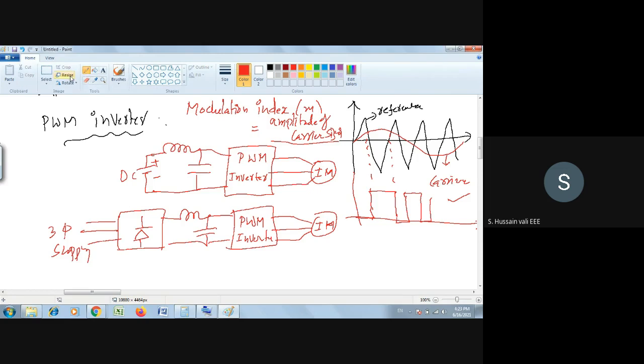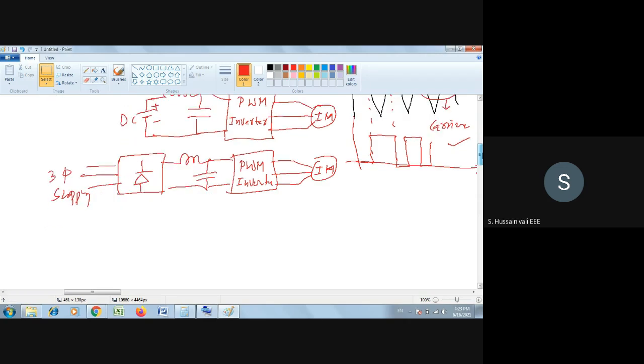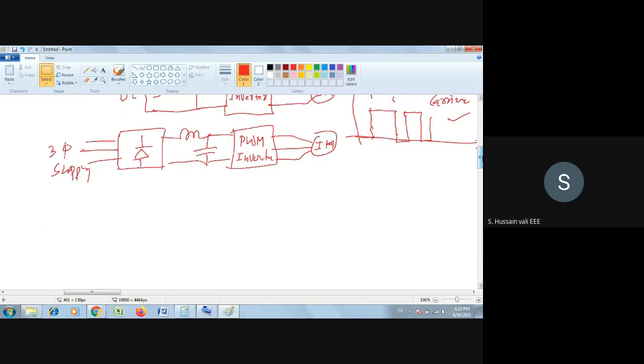I will write it here, the modulation index.